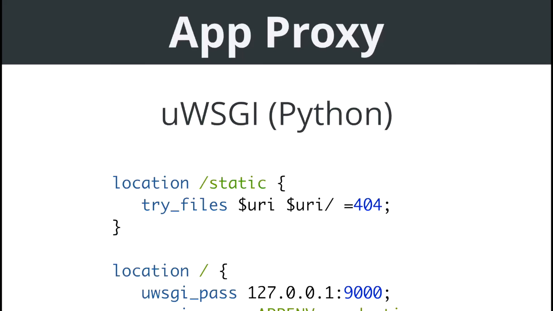So lastly, I'll just show you really quick an example that's specific to uWSGI, which is used with Python. Again, we have the static directory, so any static files can get served out of that. And then we have a location directive for any other URI that's not a static file. And that will just pass this to a gateway listening using uWSGI. So it's exactly like fastCGI, exactly like an HTTP proxy.